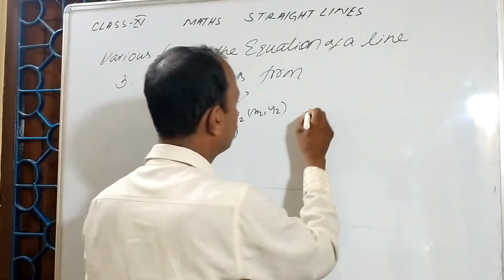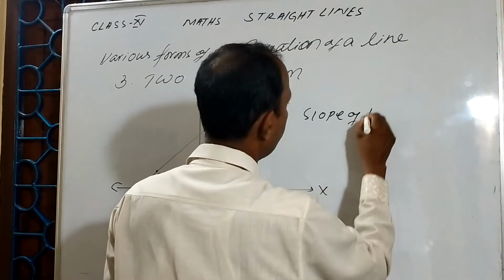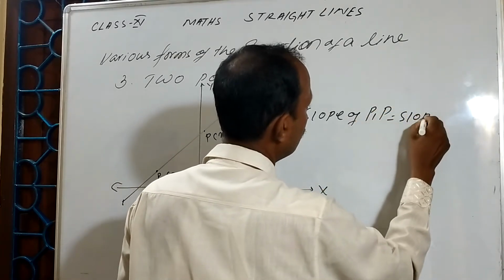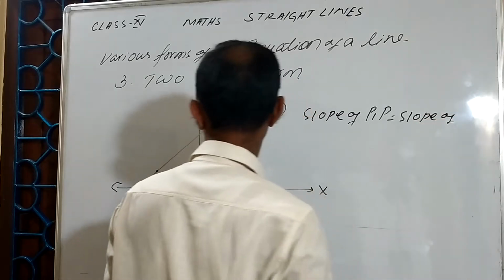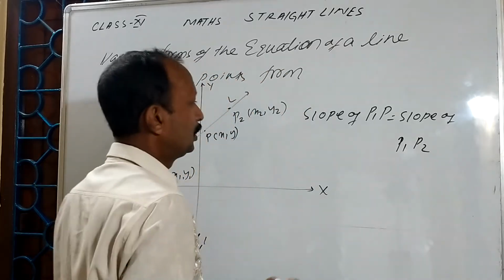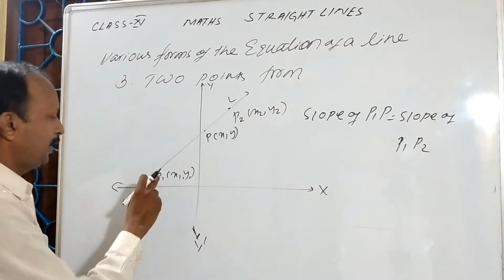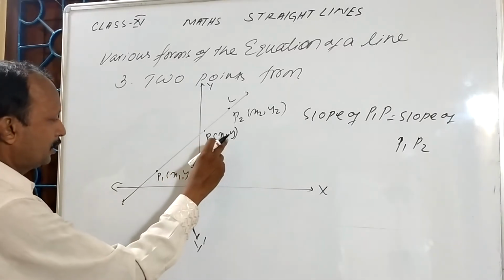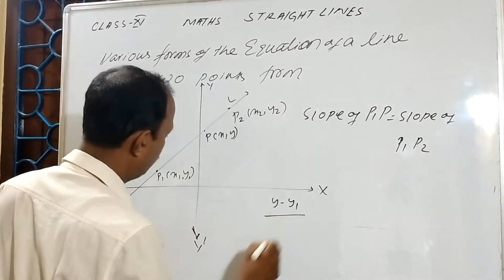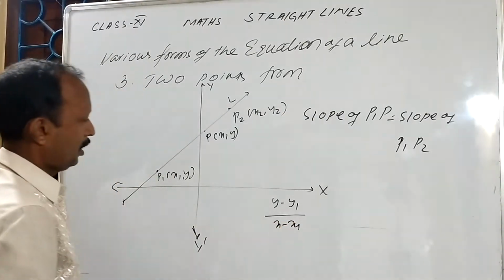So I can say slope of P1P is equal to slope of P1P2. So you see that slope of P1P, I can take that (y minus y1) divided by (x minus x1).